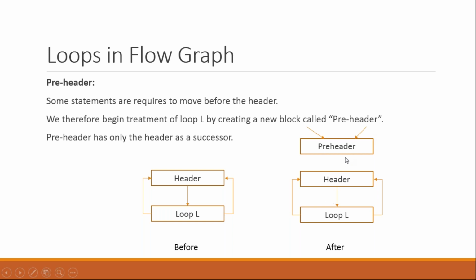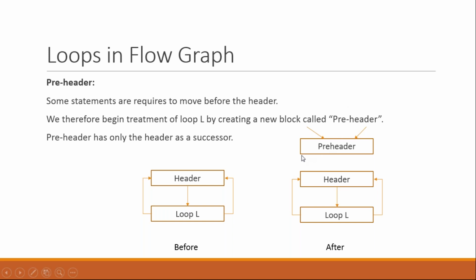Because some part that is not needed in my loop, we can directly eliminate from the loop and write it outside of the loop. So the pre-header is a concept like the loop invariant methodology.